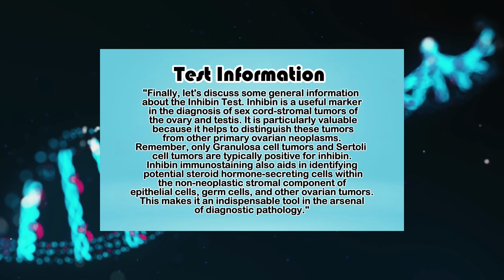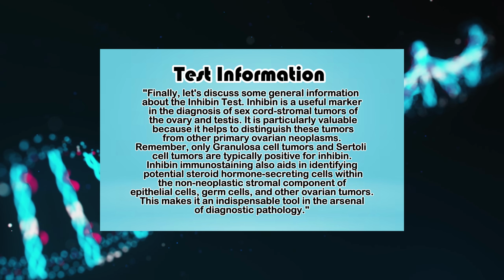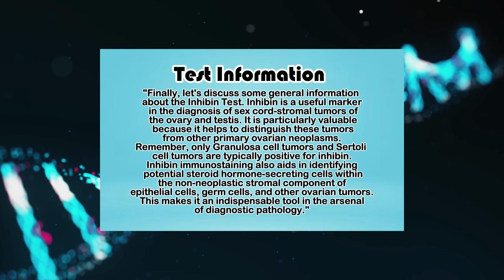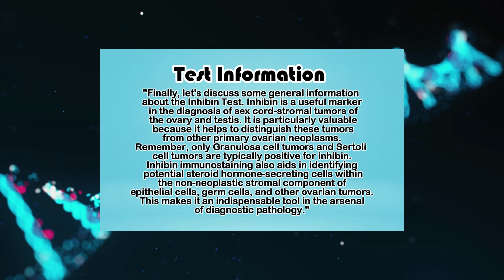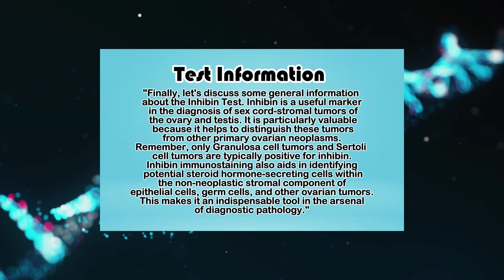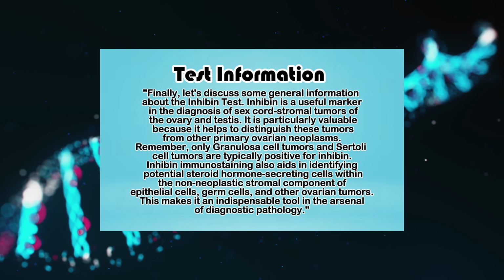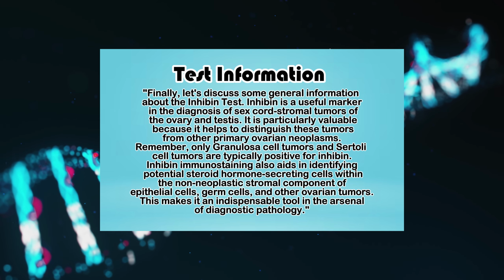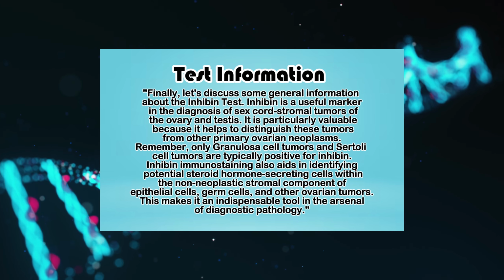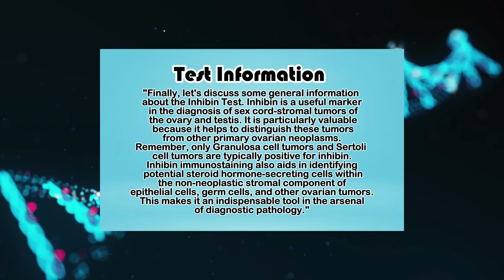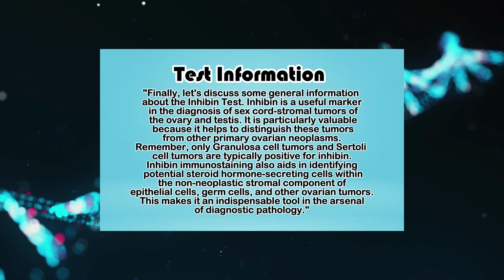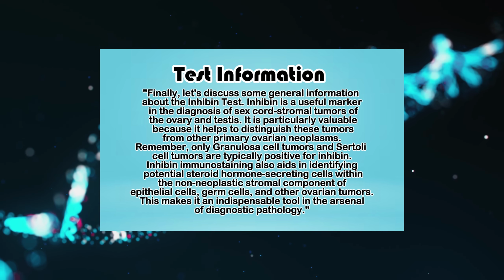Remember, only Granulosa cell tumors and Sertoli cell tumors are typically positive for Inhibin. Inhibin immunostaining also aids in identifying potential steroid hormone-secreting cells within the non-neoplastic stromal component of epithelial cells, germ cells, and other ovarian tumors. This makes it an indispensable tool in the arsenal of diagnostic pathology.